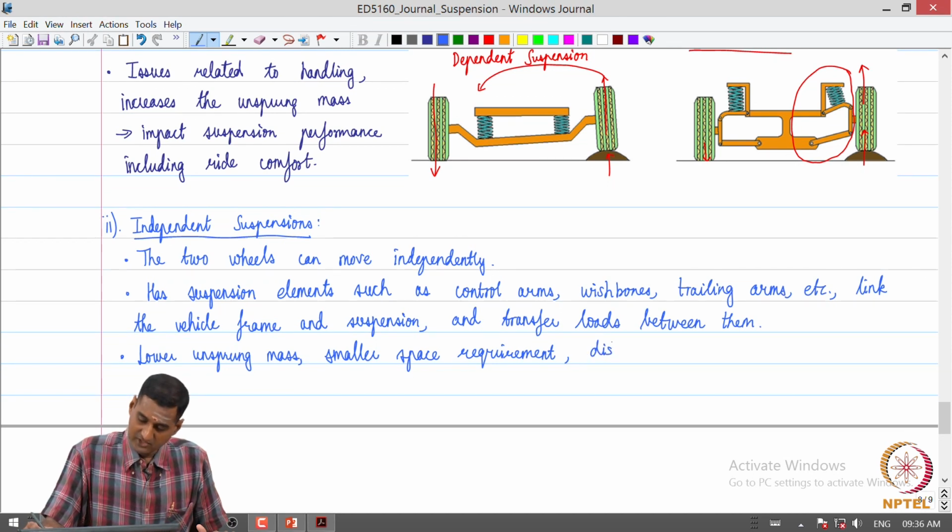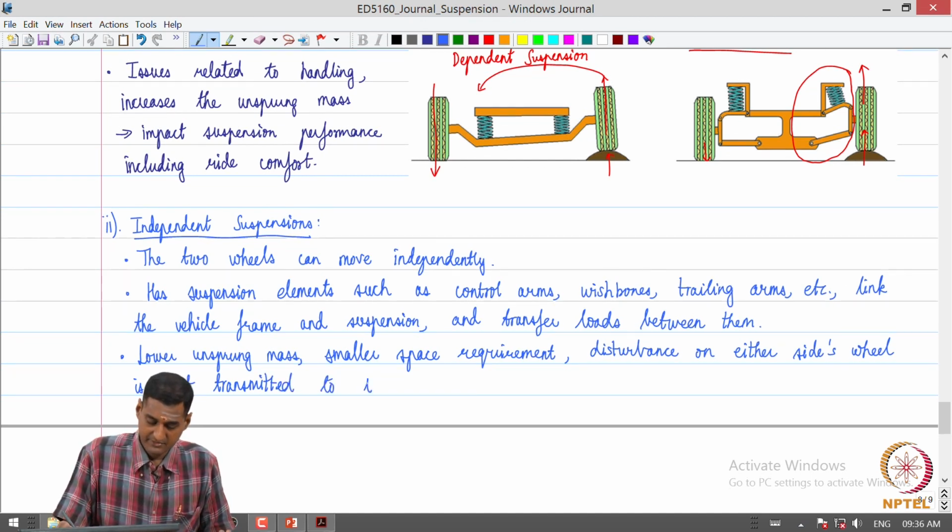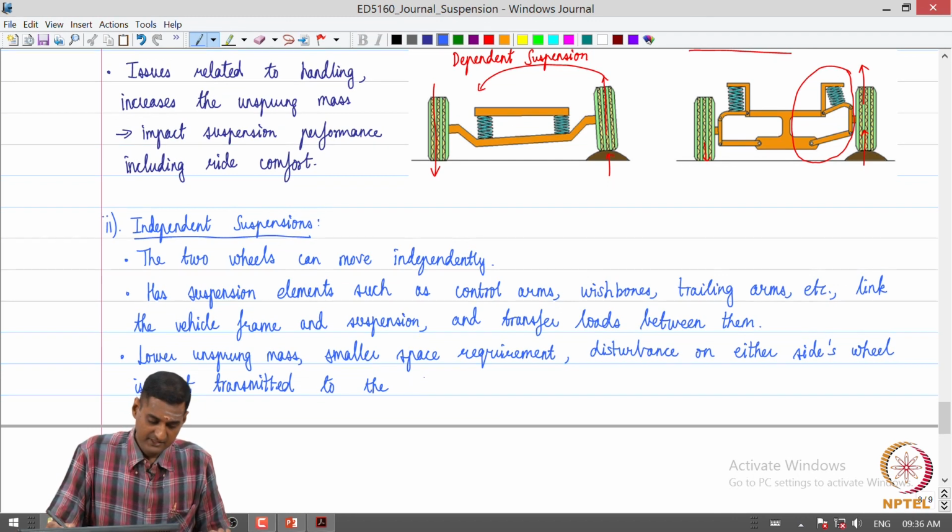And disturbance on one wheel is not transmitted to the other side's wheel to the greatest possible extent. So, that is the advantage of the independent suspension.